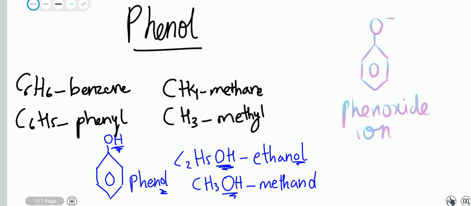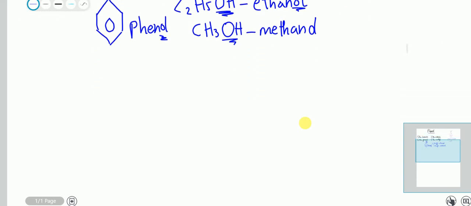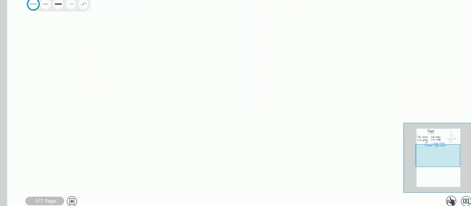So we're going to see the reactions of phenol, and phenol acts like an acid, so it gives all of the usual general reactions of acids that we normally have, right?